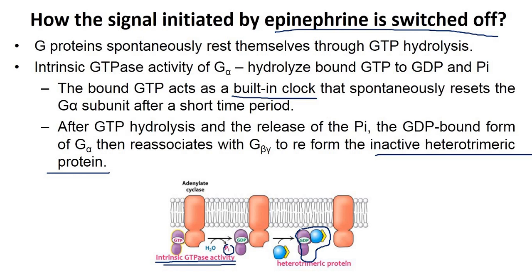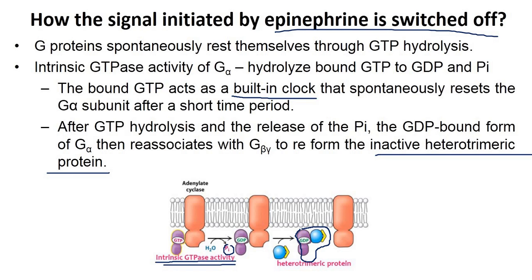So this is the important role of intrinsic GTPase activity. If someone asks you a 2-mark question, what is the role of intrinsic GTPase activity? Intrinsic GTPase activity helps in breaking down GTP into GDP and phosphate. What is the importance? Once GTP is exchanged for GDP, adenylate cyclase activation would stop.